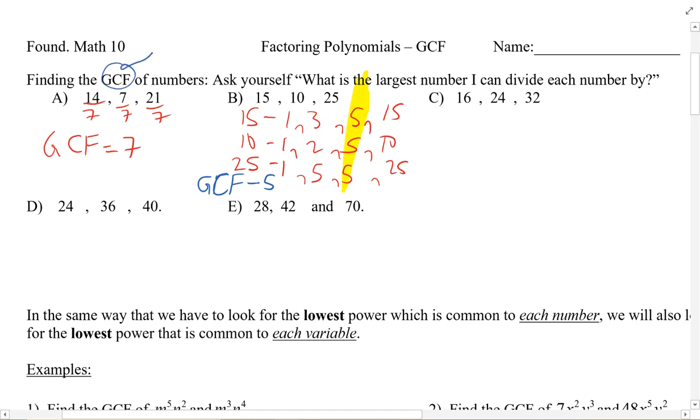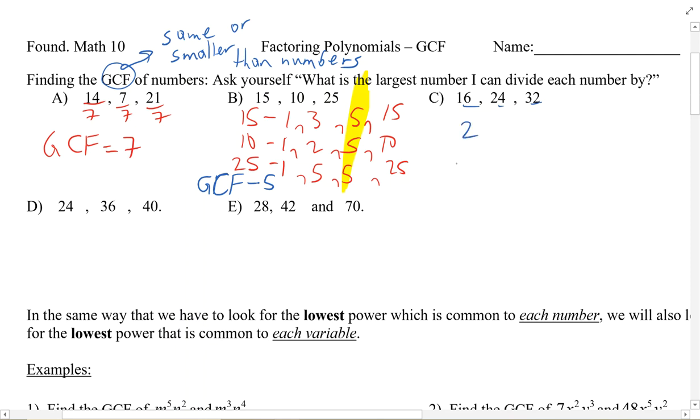Notice that your GCF is always the same or smaller than all the numbers. Later on, we're going to talk about the lowest common multiple. So it's good to note that the GCF is always smaller because it's a factor. It's the greatest factor.